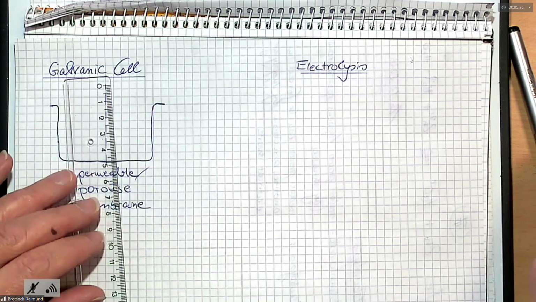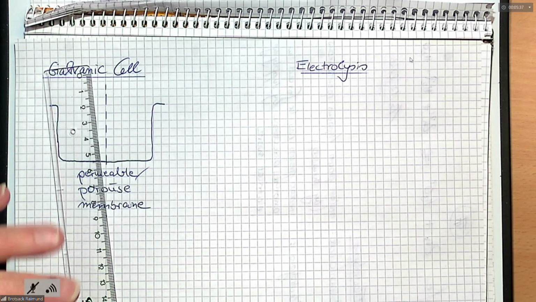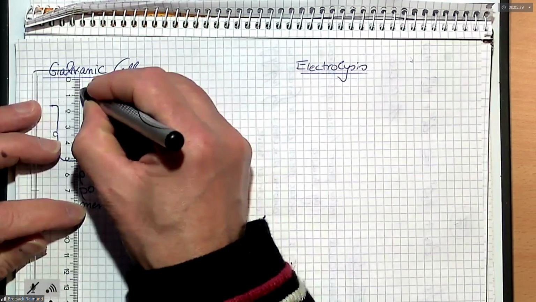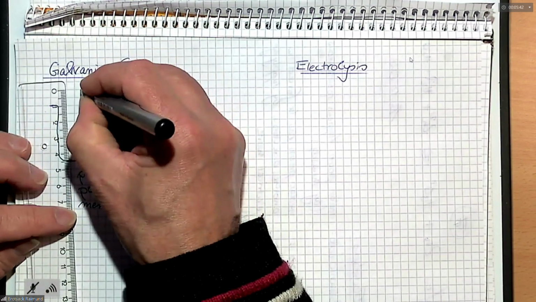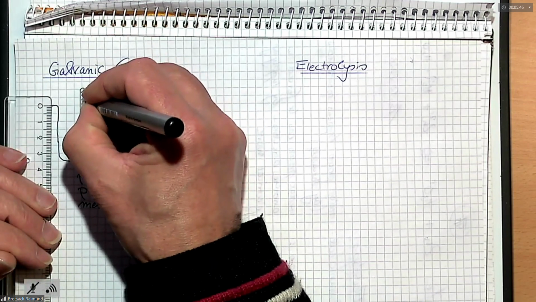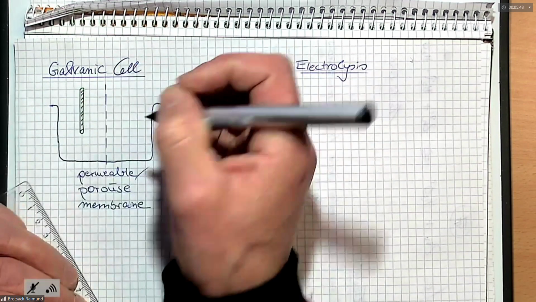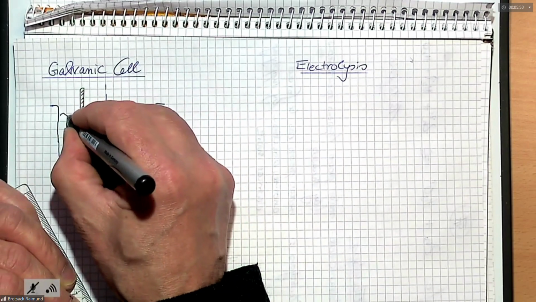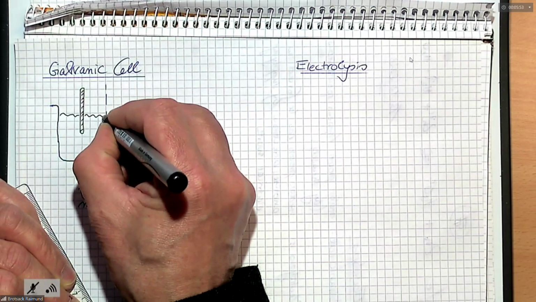And on the left side, we have the zinc system, where we have the zinc electrode, which we know already, in a solution of zinc sulfate.